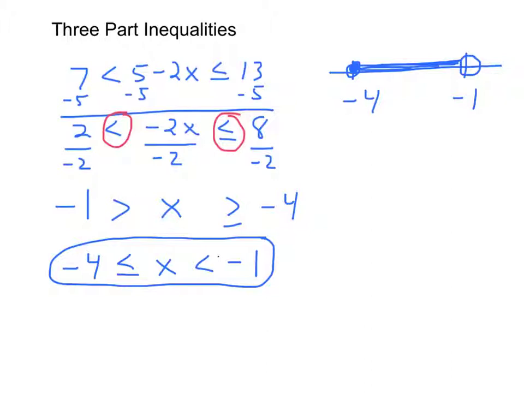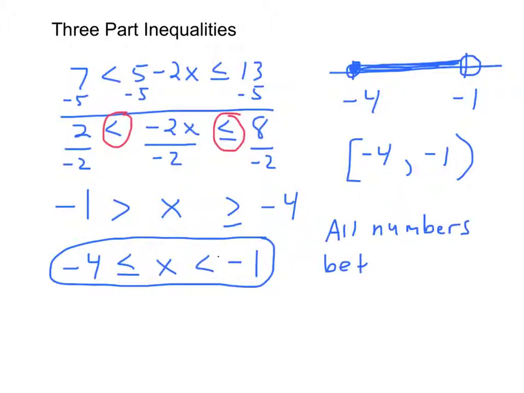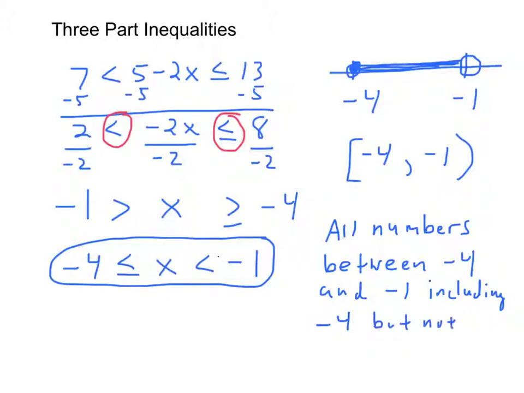Using interval notation, you would put a square bracket because you're including negative 4, and then a comma, and then negative 1 with a parenthesis because you're not including that one. And verbally, we would just say all numbers between negative 4 and negative 1, including negative 4, but not negative 1.